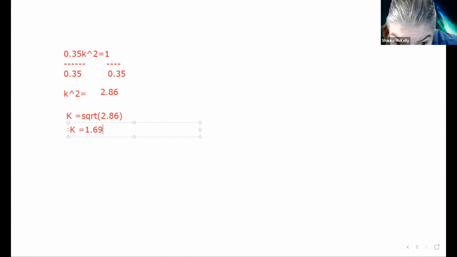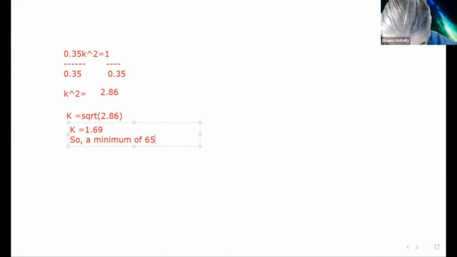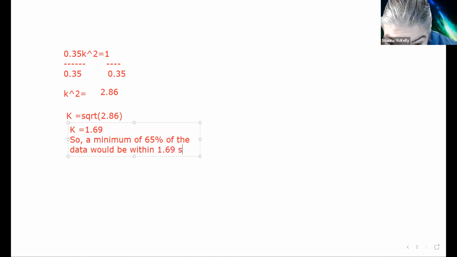So what this means is that a minimum of 65% of the data would be within 1.69 standard deviations from the mean.